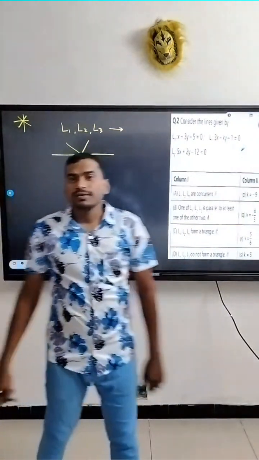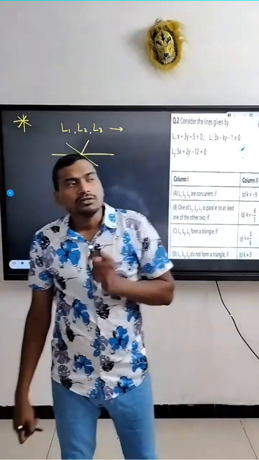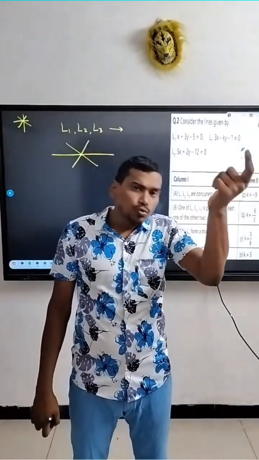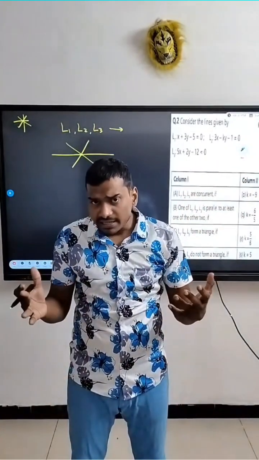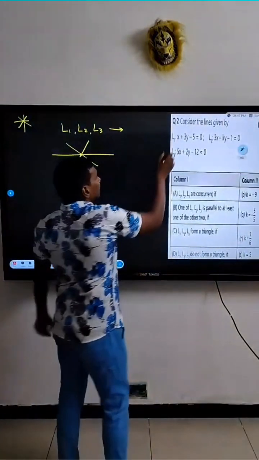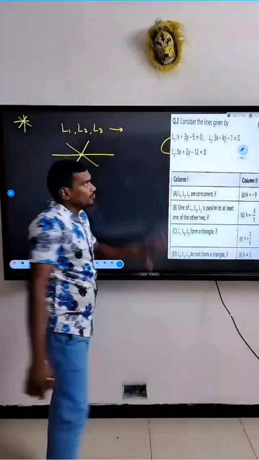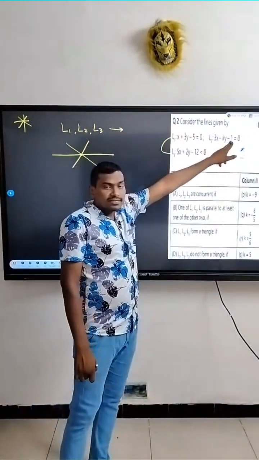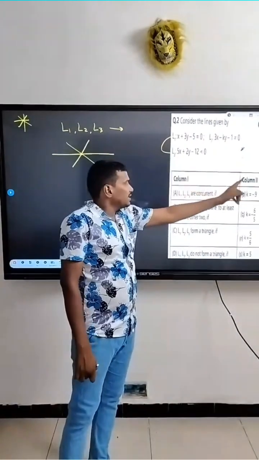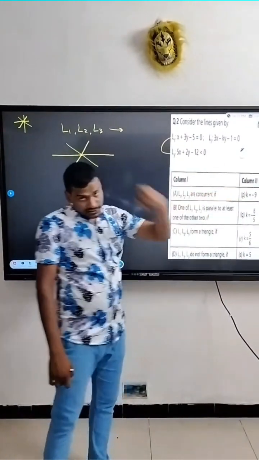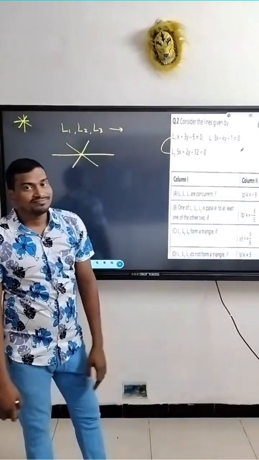In other words, if the third line passes through the point of intersection of the other two lines, then they are concurrent lines. So you should solve L1, L3, you will get some point. Satisfy that point in this equation, you will get some value of K. Find the value of K, whichever is satisfying, take that option, get your answer.